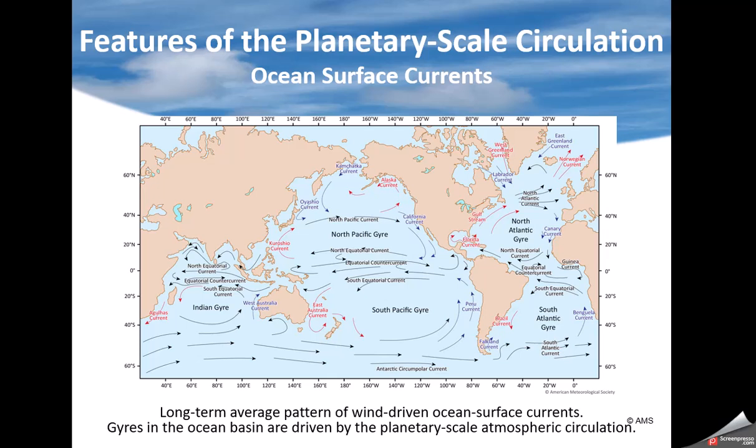And with those highs being permanent features pretty much, they influence the flow in the ocean. Think about our Gulf Stream that off the east coast of the United States comes out from the Gulf of Mexico up along the east coast and eventually heads over to Europe. It keeps everything warmer on the east coast because it's pulling warm air up along the east coast of the United States.